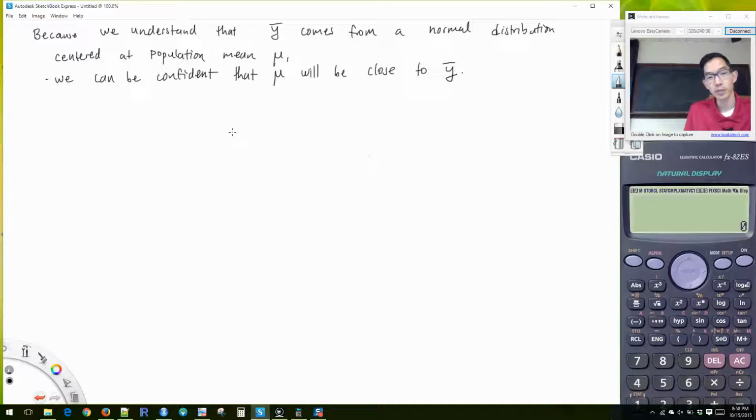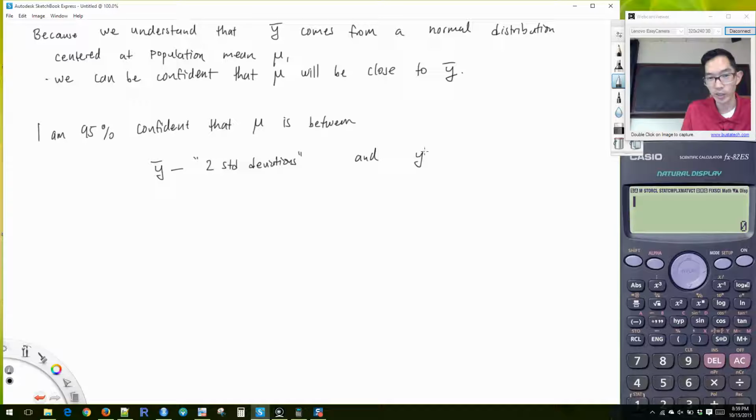And so we can say something like, I am 95% confident that mu is between y bar minus "essentially 2 standard deviations" and y bar plus 2 standard deviations.